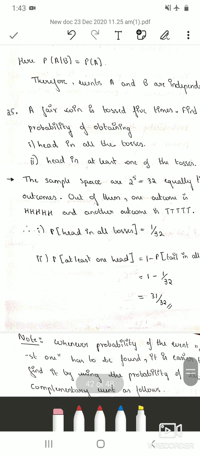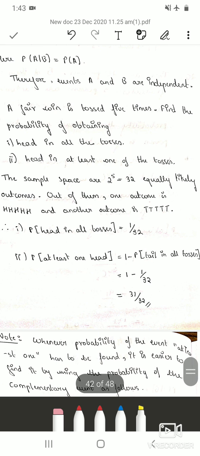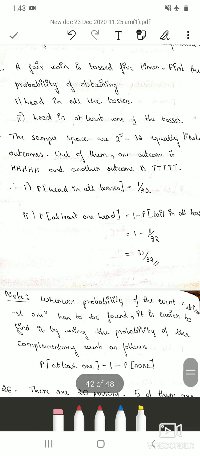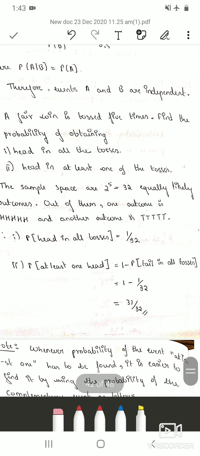The 25th problem is, a fair coin is tossed 5 times. Find the probability of obtaining head in all the tosses and head in at least one of the tosses. So here we can't literally write the sample space when we are tossing a coin 5 times.